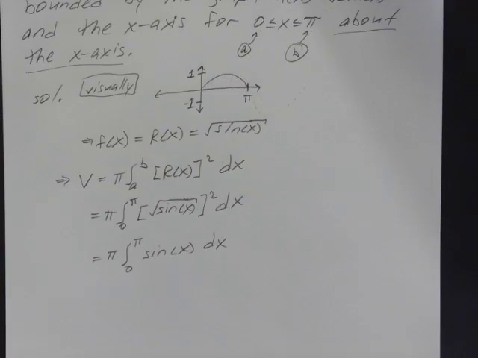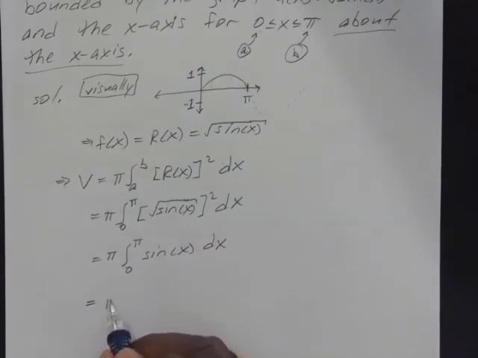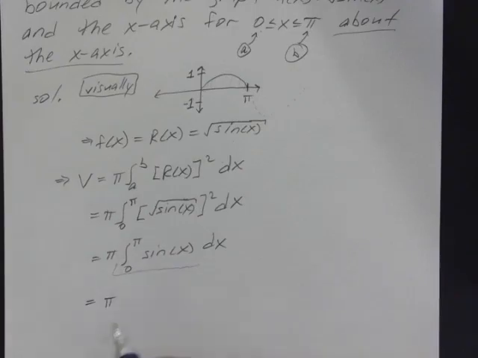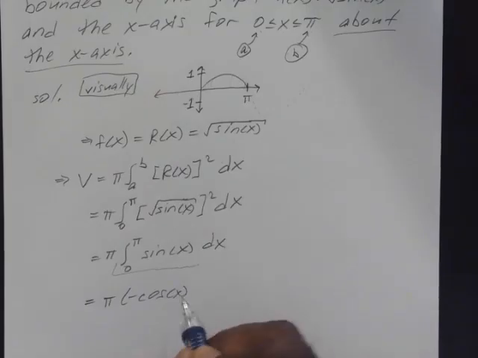But we know the integral of sine is negative cosine. So we have pi, and we can replace this with negative cosine of x, and that's from x equals 0 to pi.